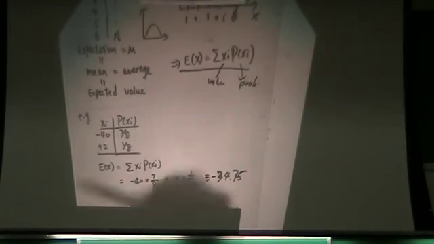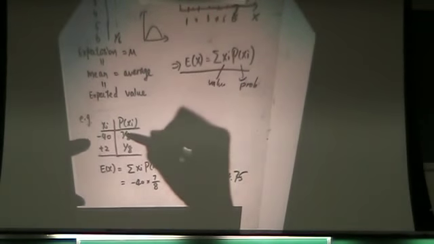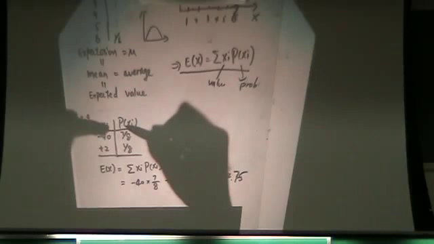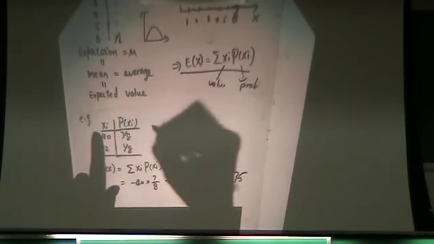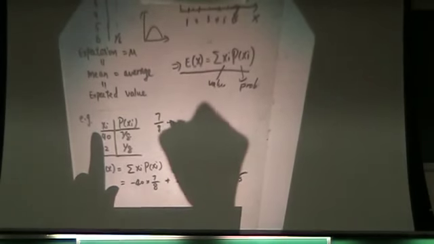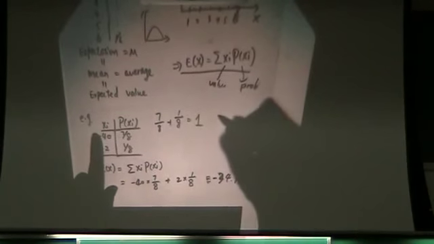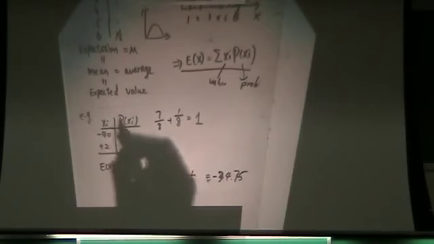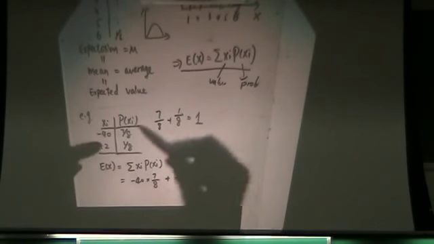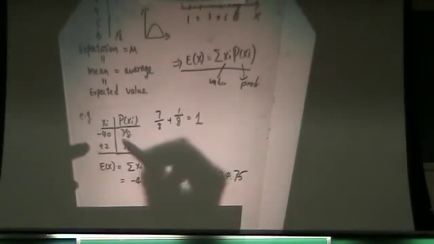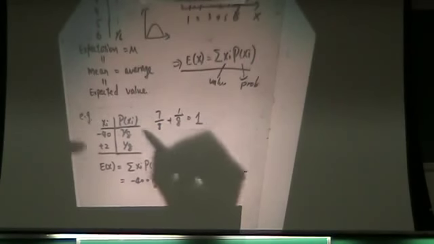We could also check, as I did before, that the summation of the probabilities, 7/8 plus 1/8, is 1. And each probability is greater than or equal to 0.